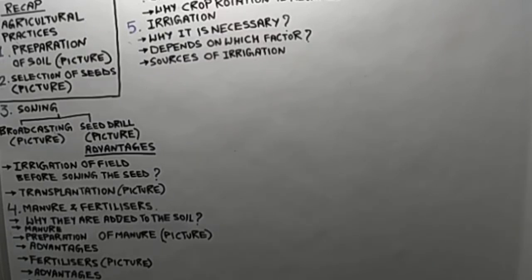Now, we are going to learn in detail about the manure. What do you mean by manure? Manure is an organic substance obtained from the decomposition of plant and animal waste, which is carried out by microbes, bacteria or worms.